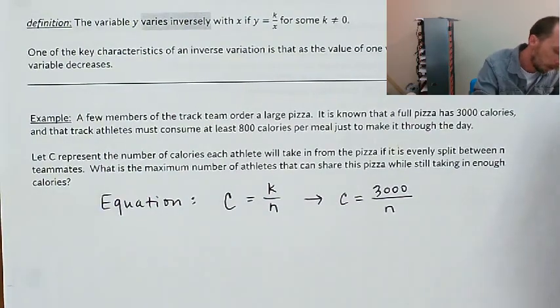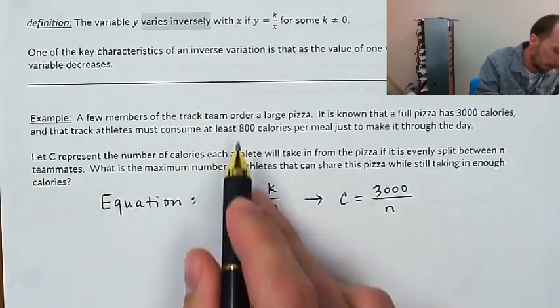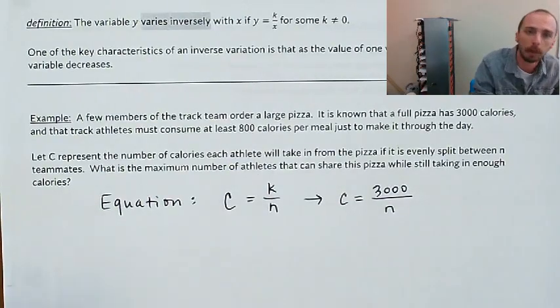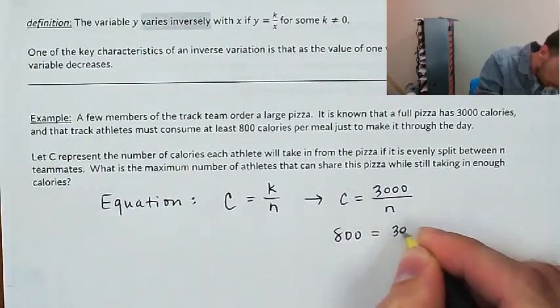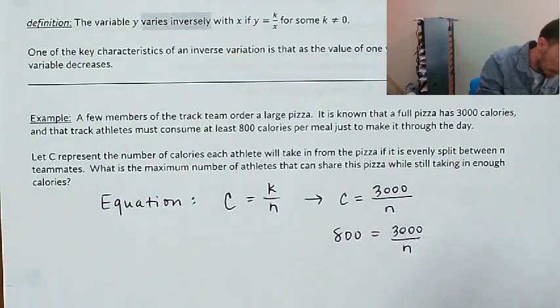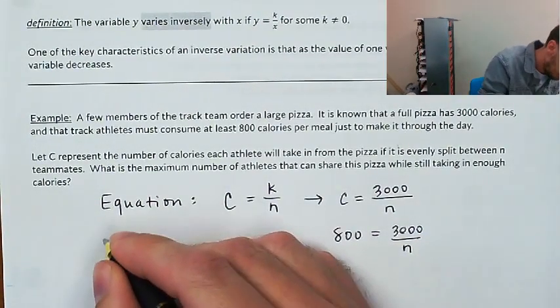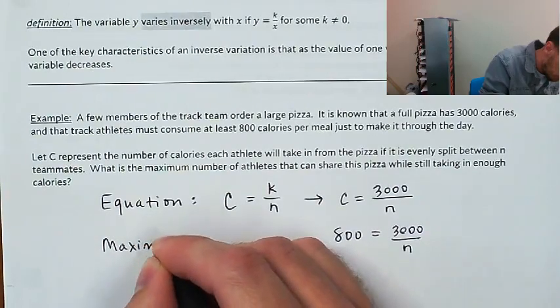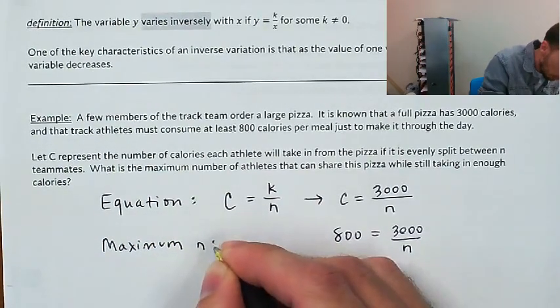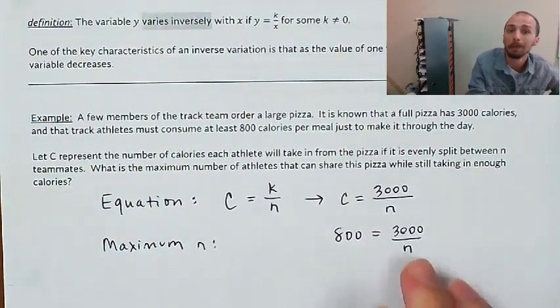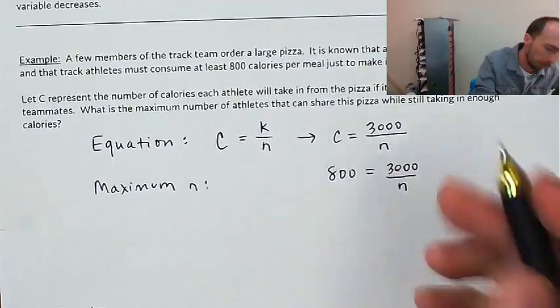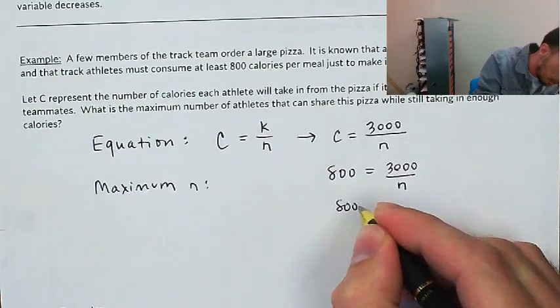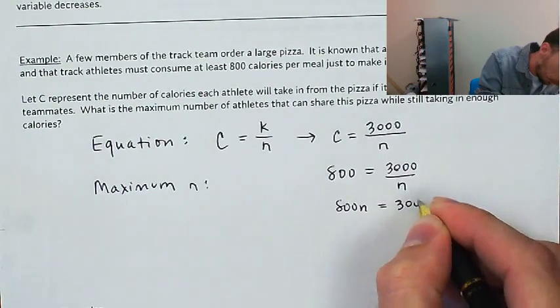All right, now if I want to know enough calories, that's going to be 800 per meal just to make it through the day. All right, so 800 equals 3,000 divided by N. And this is the maximum number. Okay, to compute that, I'm going to solve a rational equation like we just learned how to do. So I'm going to multiply both sides by N, and I'll get 800N equals 3,000.